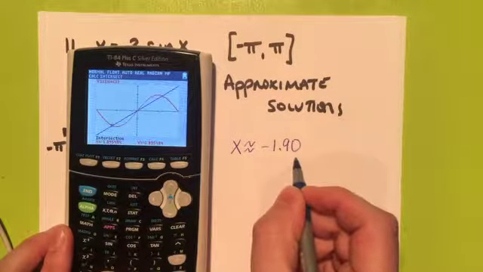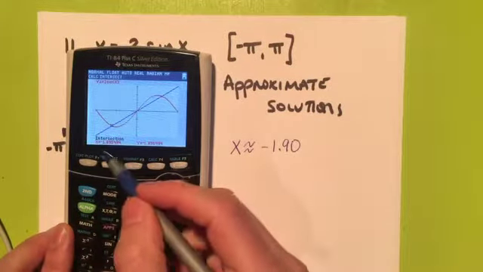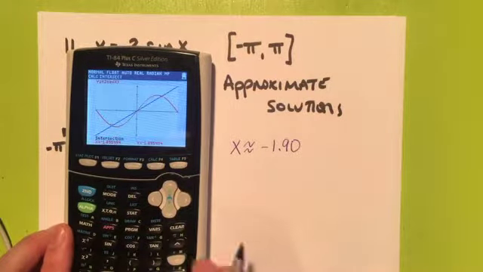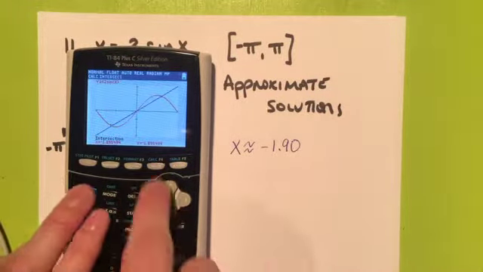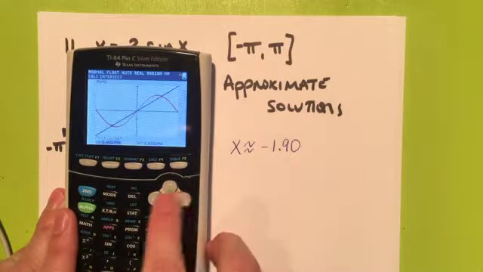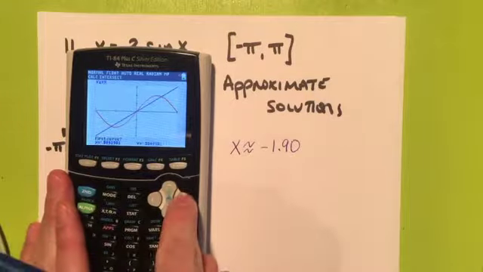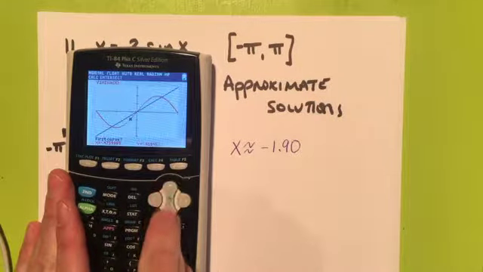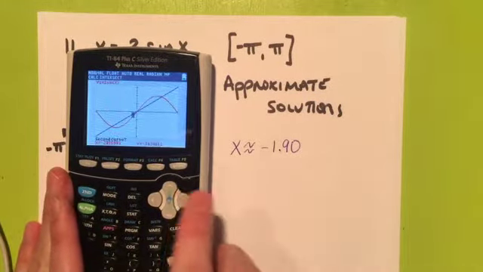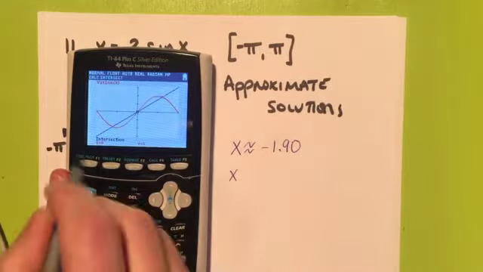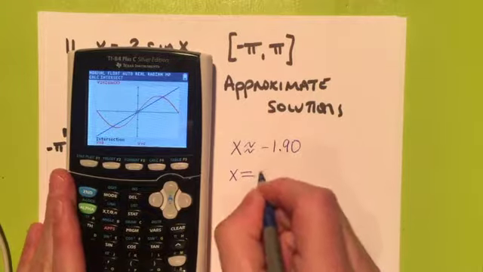I'm going to round to 2 decimal places. We'll find the other solutions. Second calc, intersect. Take the turtle, put it close by. We arrow left and right, up and down, to switch the curve. We have x equal, there's an exact value, x equals 0.